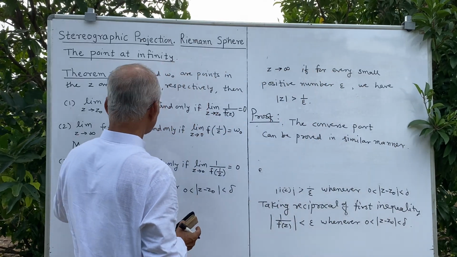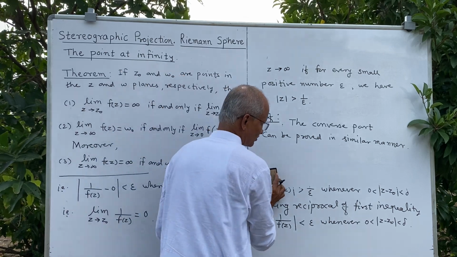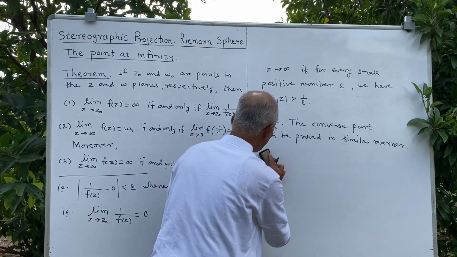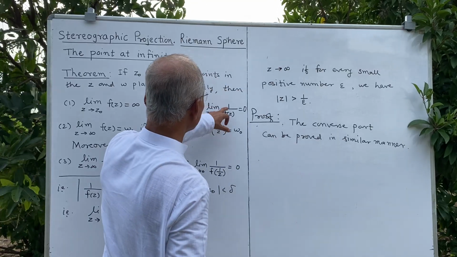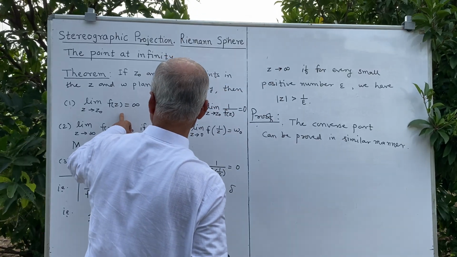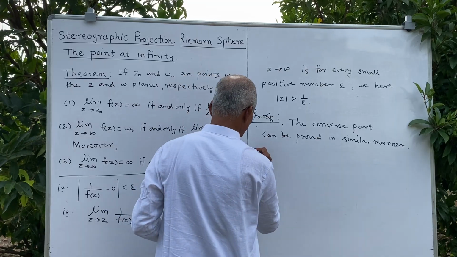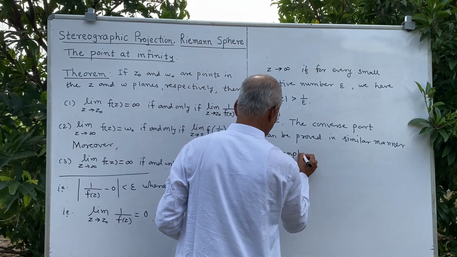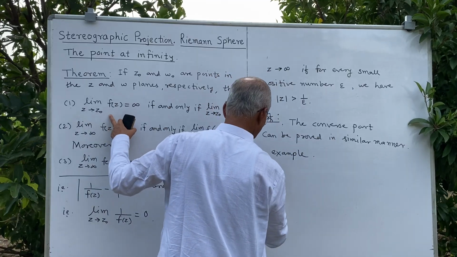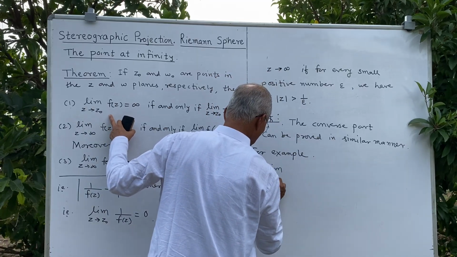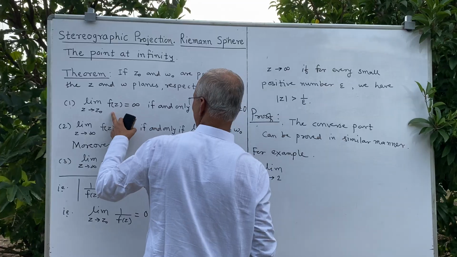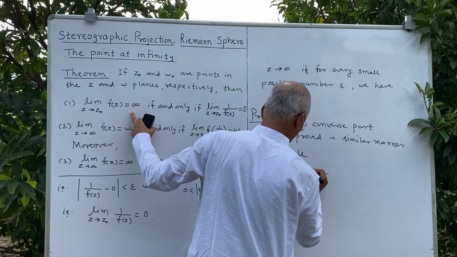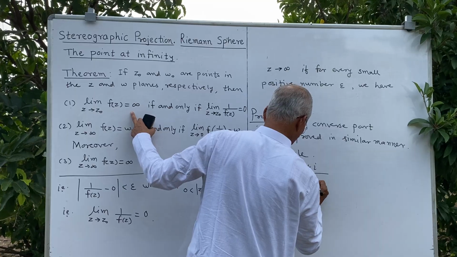Now we shall consider an example to understand this result. We have the limit of 1 upon f of z is 0, and the limit of f of z is infinity. For example, consider the limit as z tends to 2 of 3z plus i divided by z minus 2.